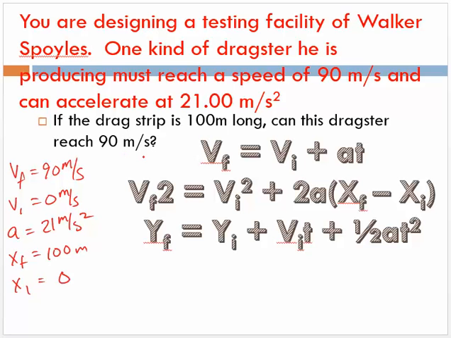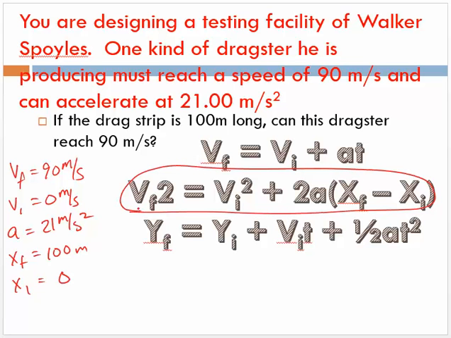Well, I'm going to find out what's the fastest it could be. And to do that, I would have to find out the velocity final of this dragster after 100 meters. Well, this problem doesn't give me any time. Nowhere over here have I listed time. So right away that tells me I'm going to be using this equation right here. So again, I'm going to leave this part in the equation.